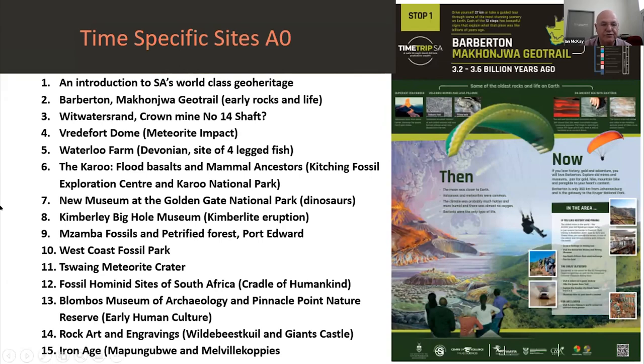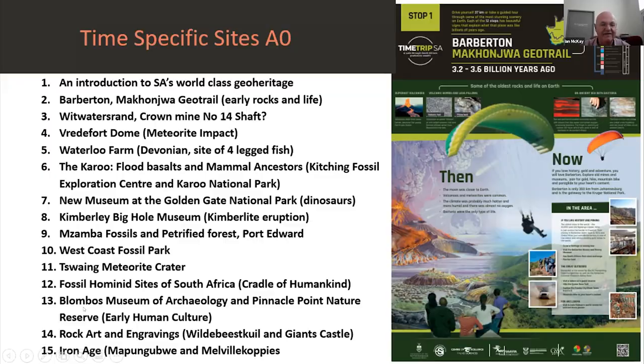They're building a new museum at the Golden Gate National Park, which I believe is almost finished and will look at dinosaurs mainly. The Kimberley Big Hole Museum, where you've got the kimberlite eruption to talk about. Then the Mazamba Forests and Petrified Forest in Port Edward, the West Coast Fossil Park, Swine Meteorite Crater, Cradle of Humankind.